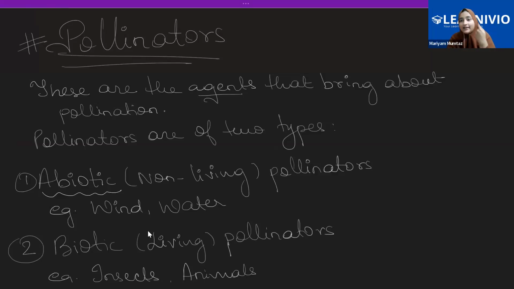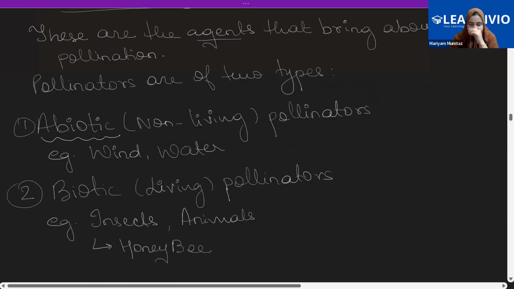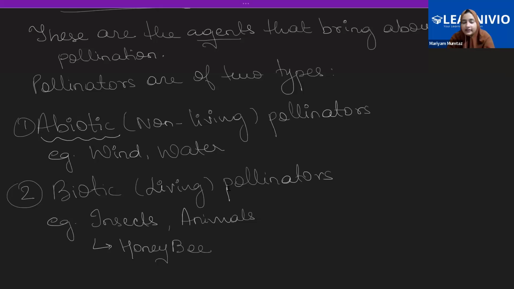Depending upon whether they are living or non-living, the non-living pollinators are called abiotic pollinators, whereas the living pollinators are called biotic pollinators.